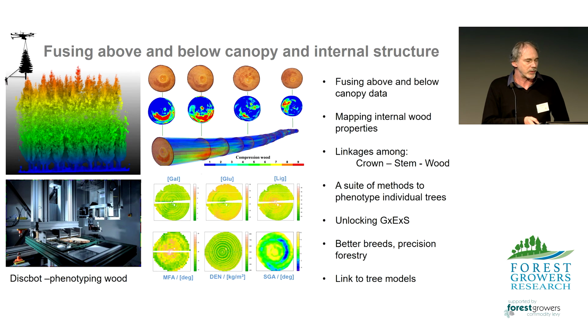This is a pretty complex device that's been developed over many years at Scion that allows us to take discs from trees, put them through the disc bot and obtain very detailed information about the variation of key wood properties within those discs. In the context of talking about phenotyping, I call this a method to phenotype wood, but really it's a way of looking inside the tree and seeing what's going on. If we collect discs at multiple heights, we can build quite a detailed map of the three-dimensional variation of wood properties within a tree.